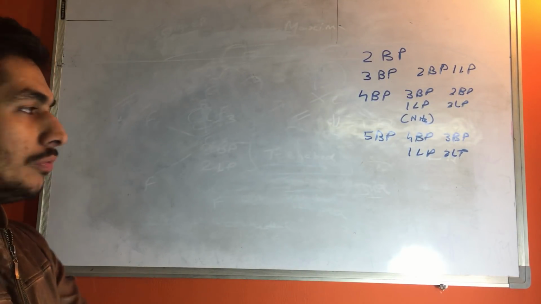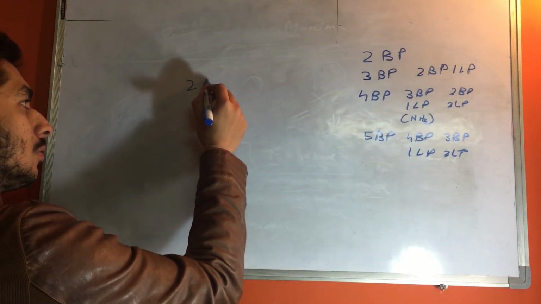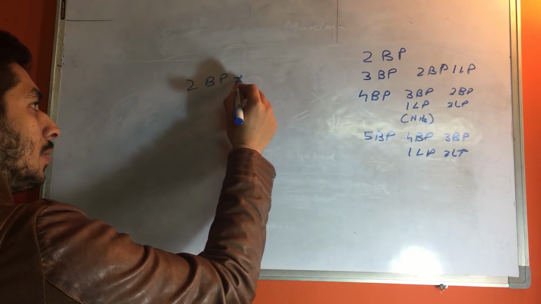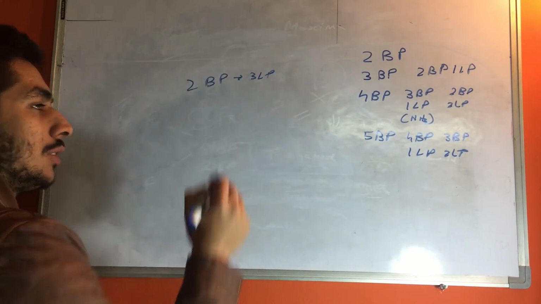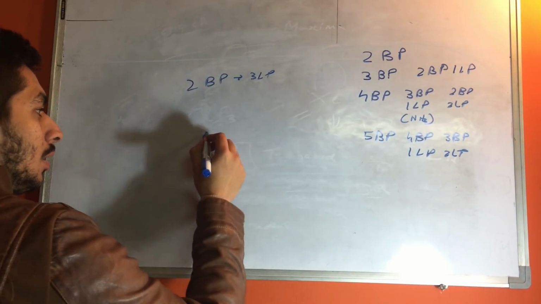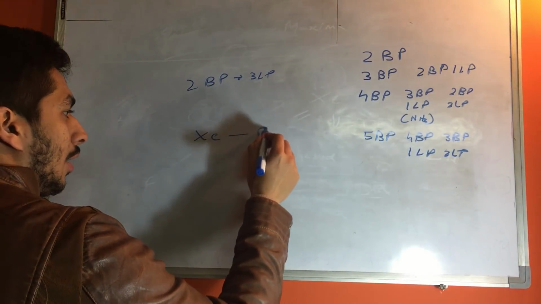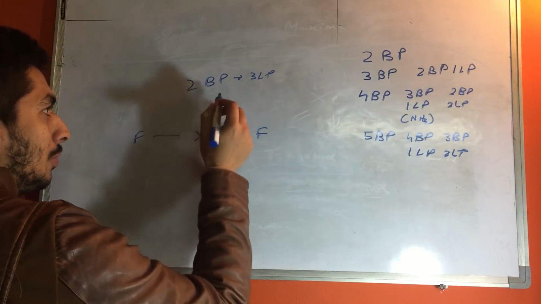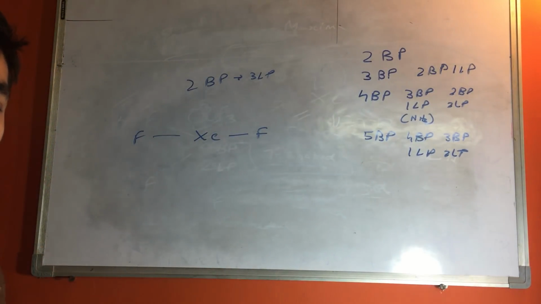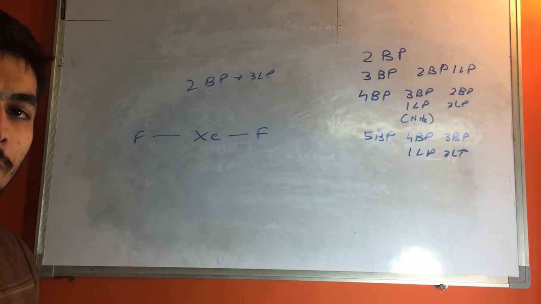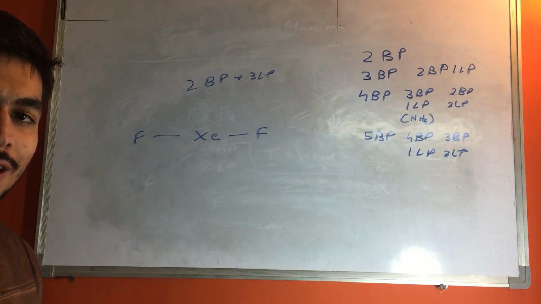Then we have compounds which have 2 bond pairs and 3 lone pairs, such as XeF2. XeF2 means 2 bond pairs, and xenon has 8 electrons in its valence shell. 2 of the electrons are participating in bonding, so there are 6 non-bonding electrons, or 3 lone pairs.